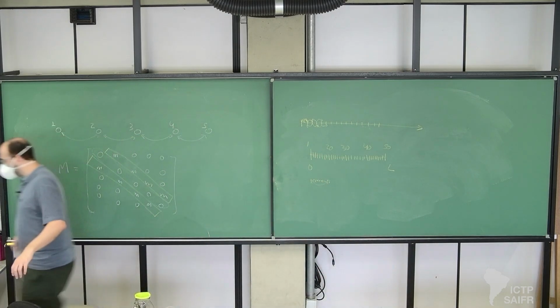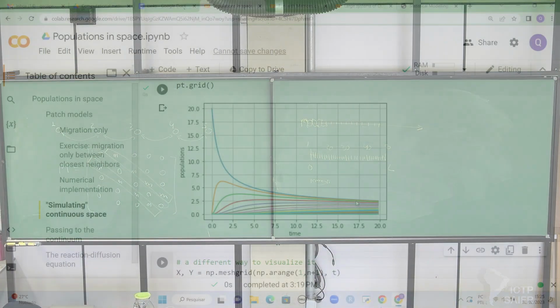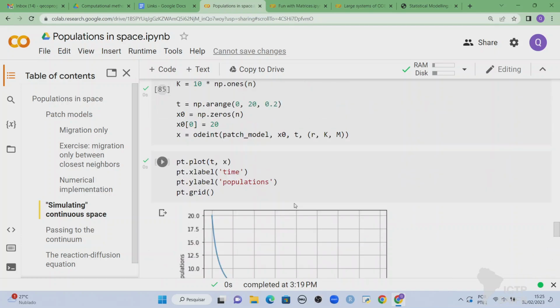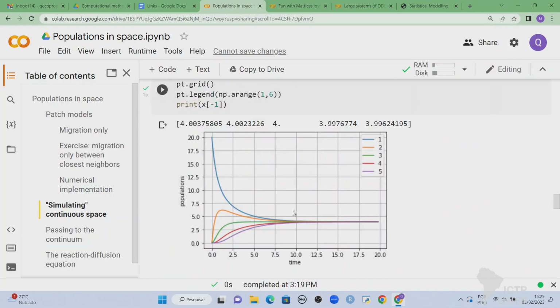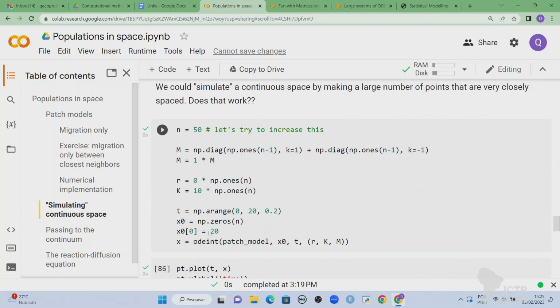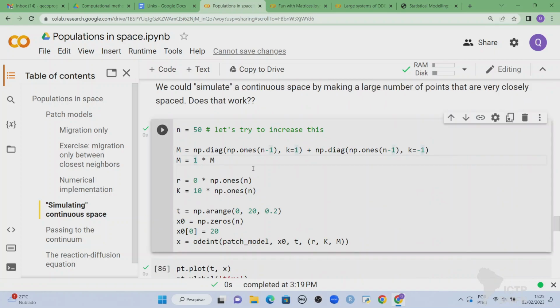So let's try to do this here. I want a plot where all of the populations stabilize to more or less the same value after some 10 to 12 units of time. So I just need to increase m, the migration rate.